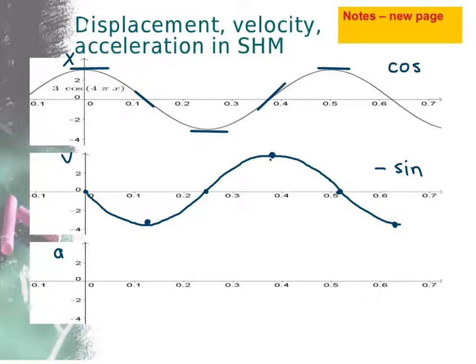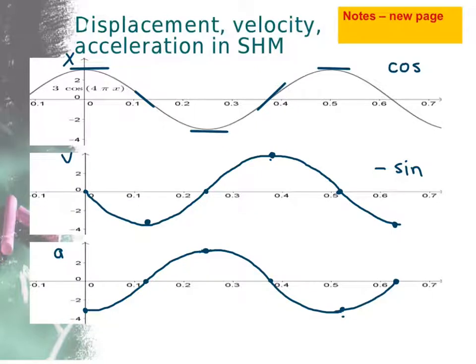So let's make this a plot of acceleration versus time, and what I notice is if I were to plot the slope of the tangent line at each of these points, I will get a curve that looks like this. And then after that it's going to come back up again, and it turns out that that curve looks like this.